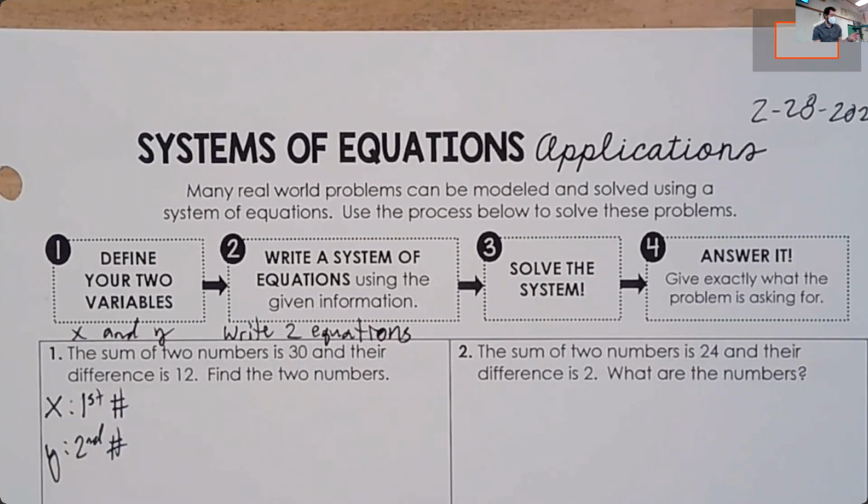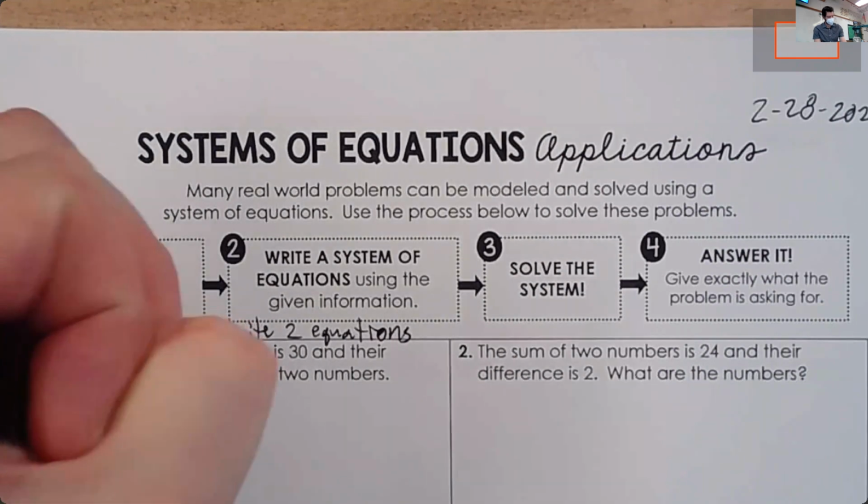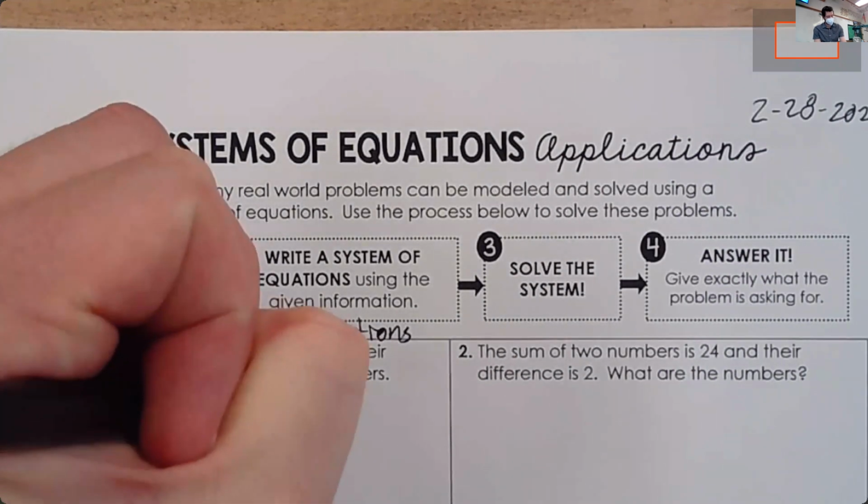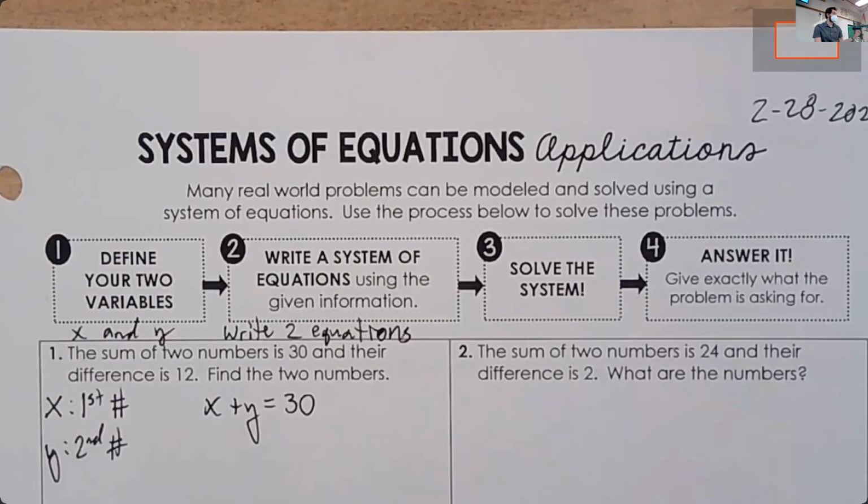We know that the sum of the two numbers is 30. What does sum mean? Yeah, the answer to an addition problem. So the sum of x and y, that'd be x plus y equals 30, because the sum of the two numbers added together equals 30. And it says that their difference is 12.